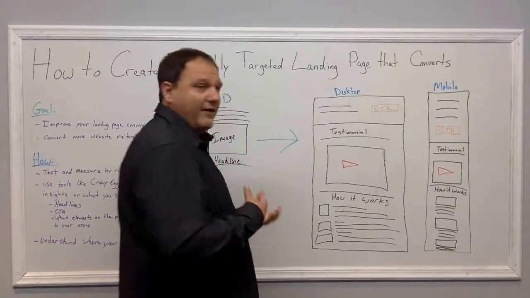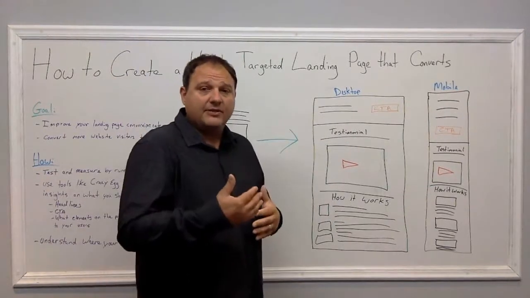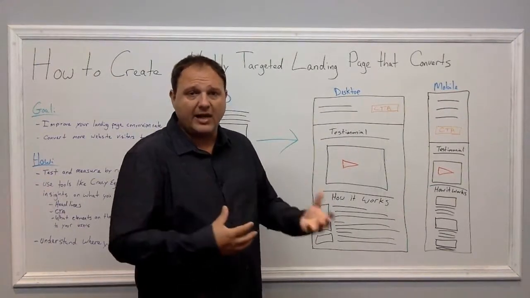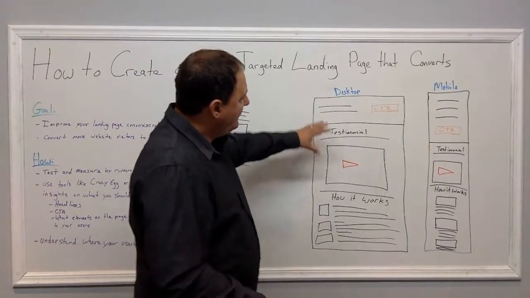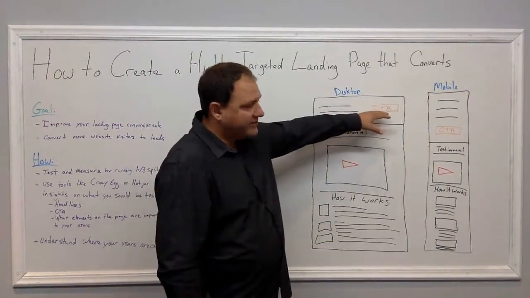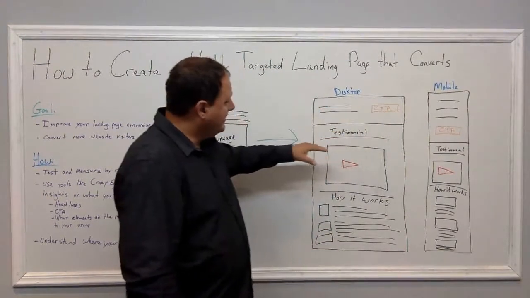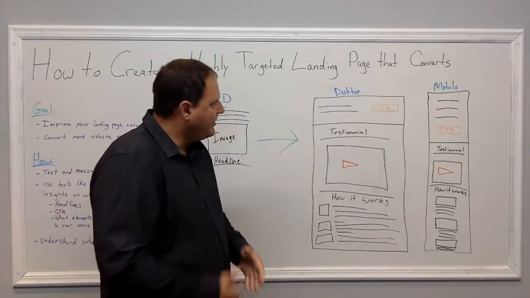Once you have Crazy Egg or Hotjar set up, start looking at heat maps to see where people are navigating on the page. You have different elements on the page: a headline up here, your CTA, your call to action, a testimonial, a video, maybe a how it works section.